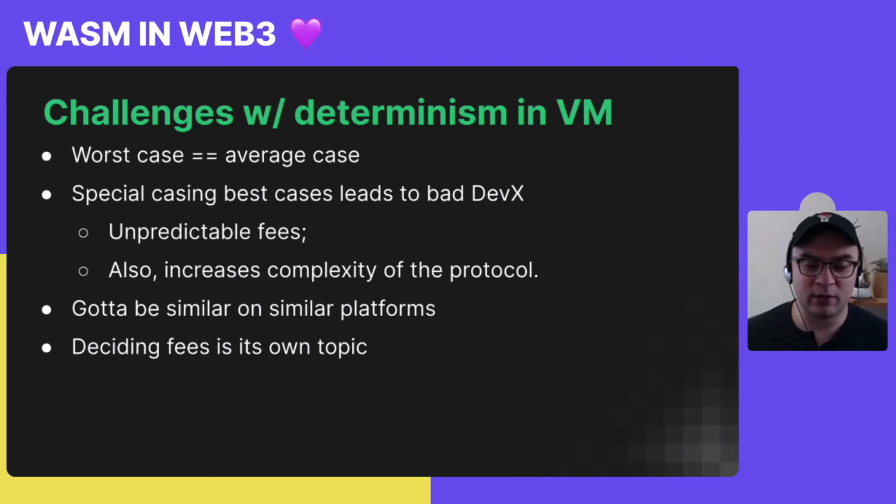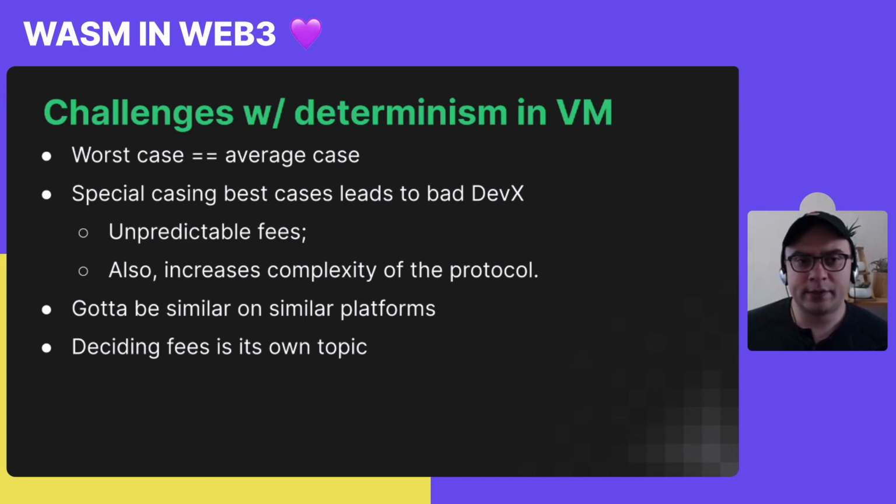If developers find out that in certain cases smart contract execution is much more expensive than in other cases, based on some super low level internal mechanism in how the WebAssembly virtual machine functions, then DevX is going to be pretty bad. But special cases and best cases will also lead to increased complexity of the protocol, which we also want to avoid. We try to keep our protocol pretty simple.